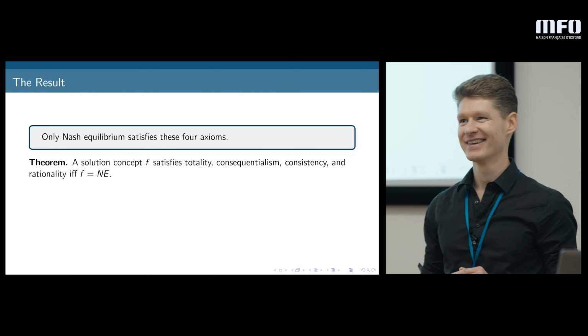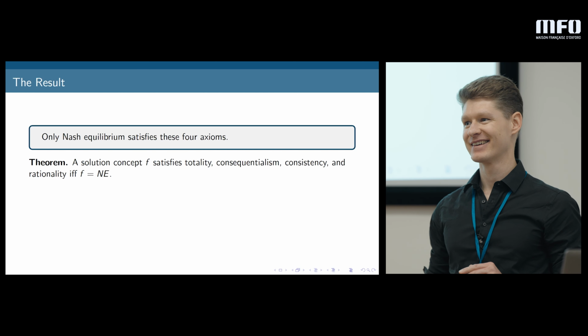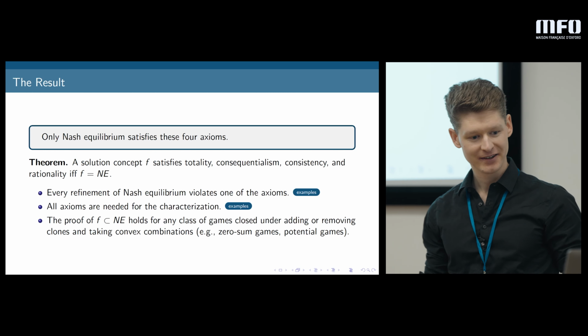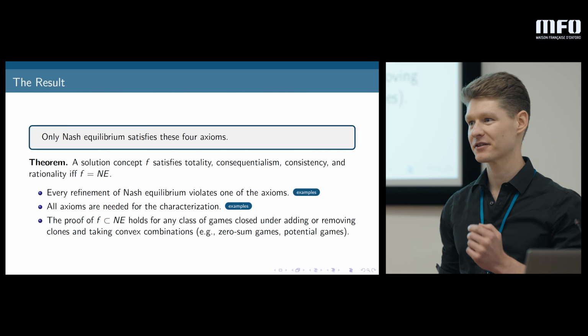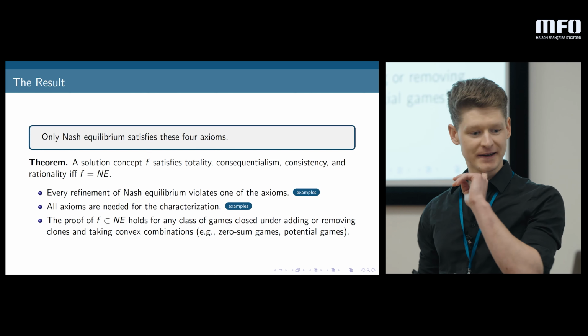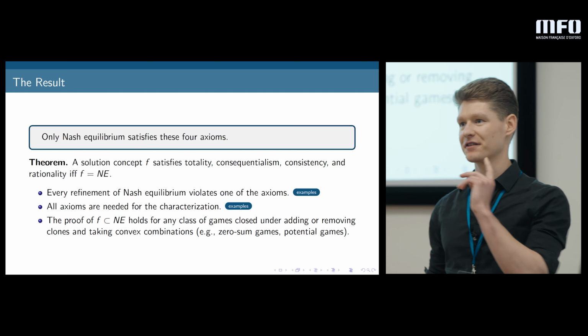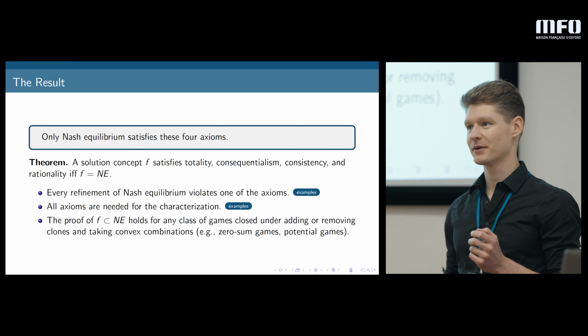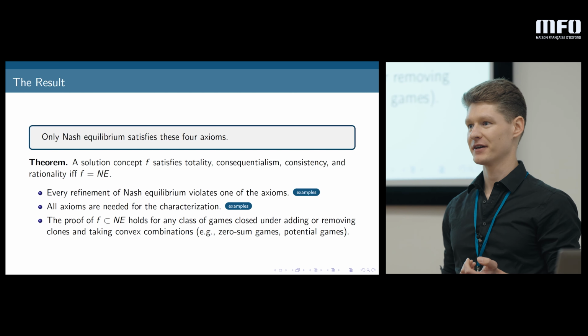Just one last question. In terms of equilibrium selection, what breaks if you look at, for instance, maximum social welfare or smaller and larger support? That was one of the next bullets. You can look at your favorite refinement of Nash equilibrium and ask which axiom it violates.